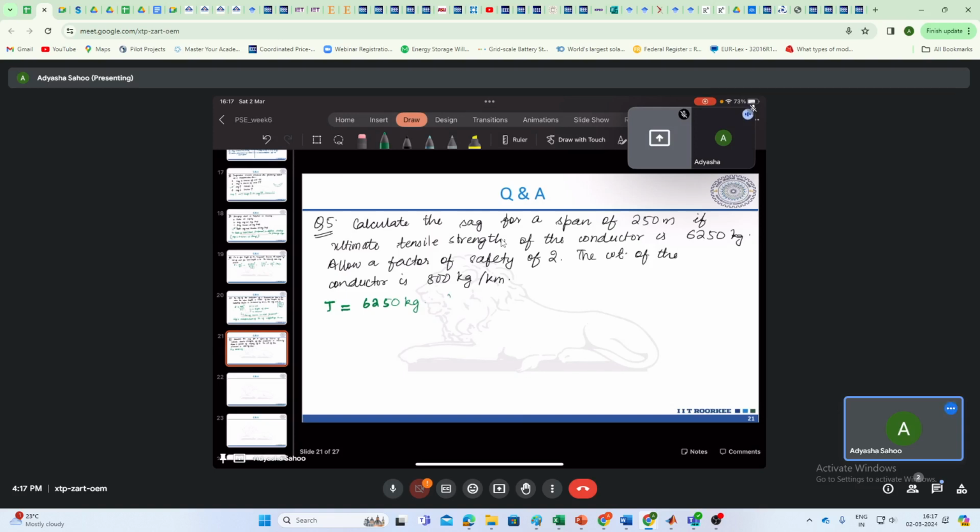So the working stress or allowable working tension should be kept below this 6250 by a margin of 2. So it should be operated below its ultimate strength.